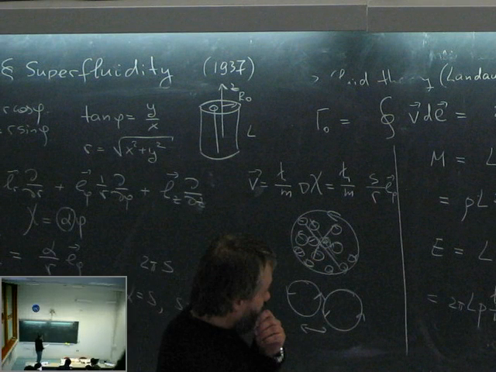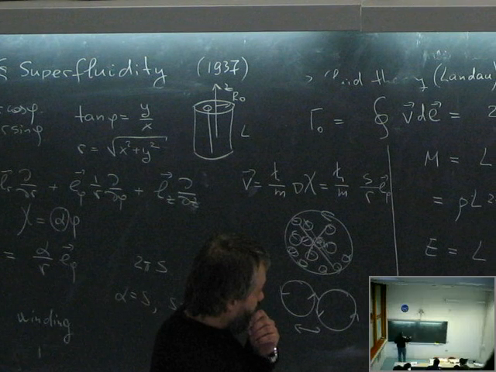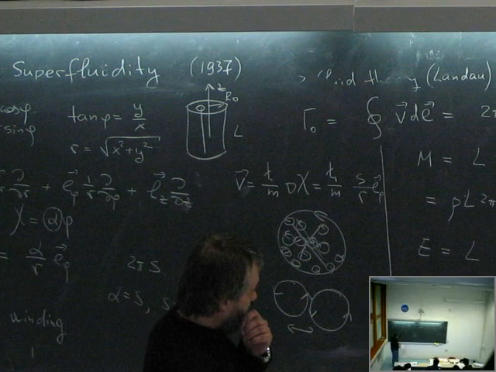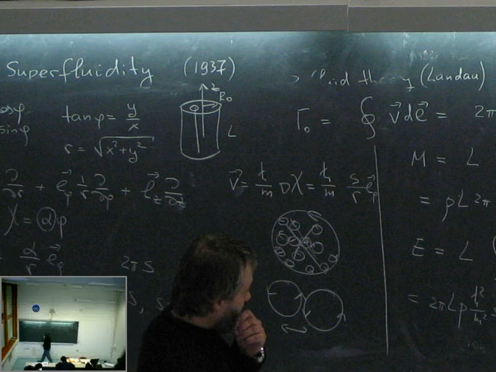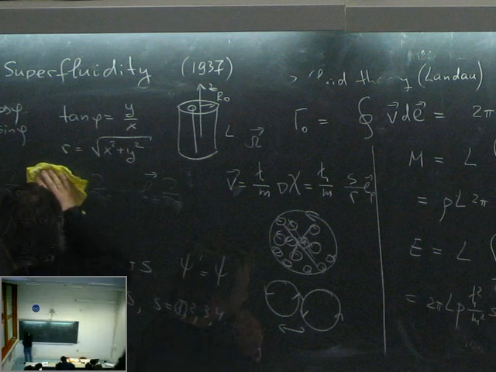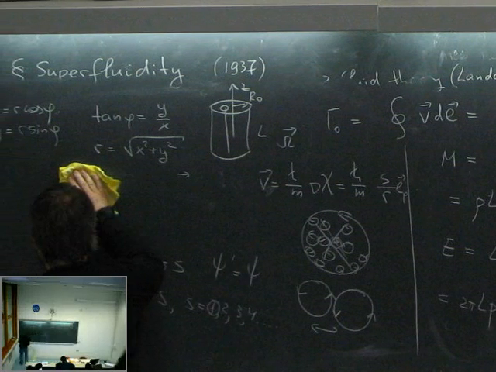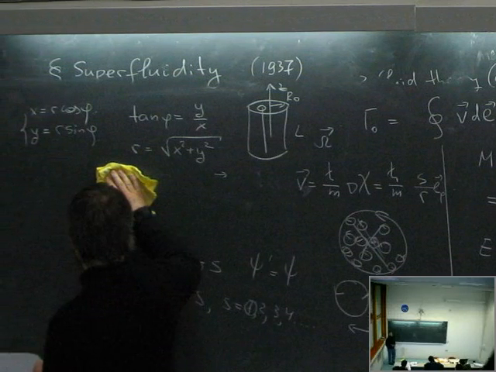Okay, then let's take this reservoir and rotate it with angular velocity omega. If you repeat the arguments of Landau for the criterion, we can write down that the energy in the rotating frame is normal inertial.